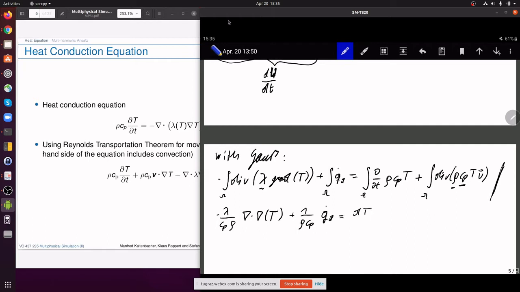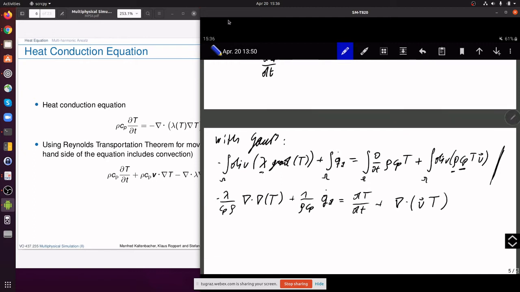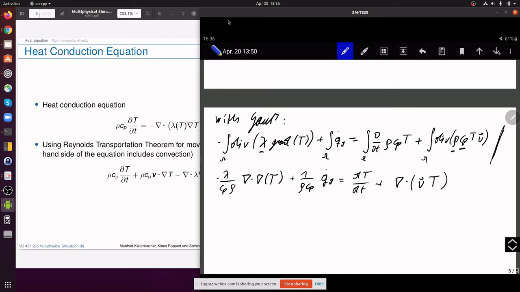is the time derivative of the temperature plus the divergence of vT. So that's nearly it.